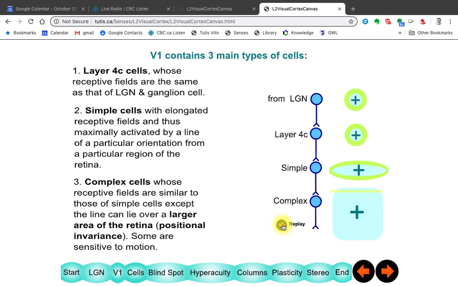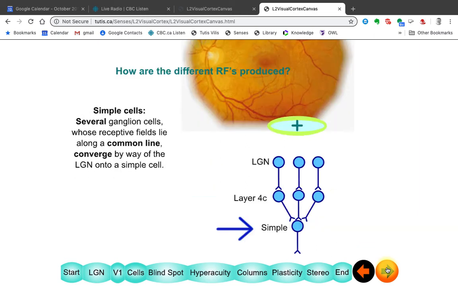But what's different from the simple cell is that the receptive field is much larger. Okay? So you can see a particular line at a particular orientation over a much larger part of the retina. The other thing that some simple cells have, some complex cells have, is that they're sensitive to motion, more to moving lines.